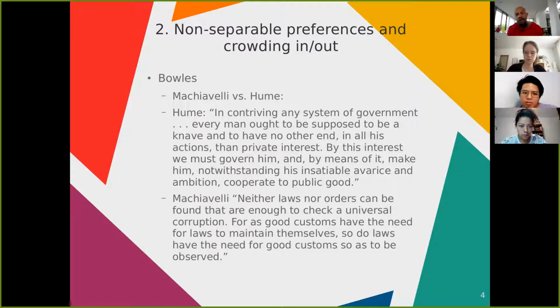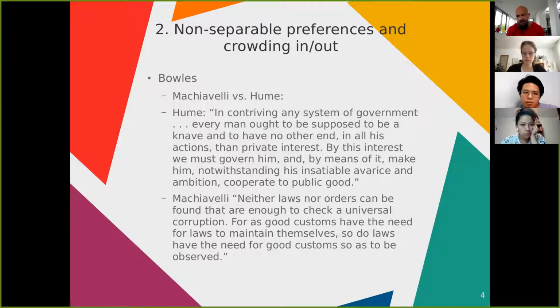So you can very clearly read between the lines and see what Hume is saying here: when the legislator is designing a public policy or a law, he or she should definitely assume that everyone is corrupt and selfish and so on.